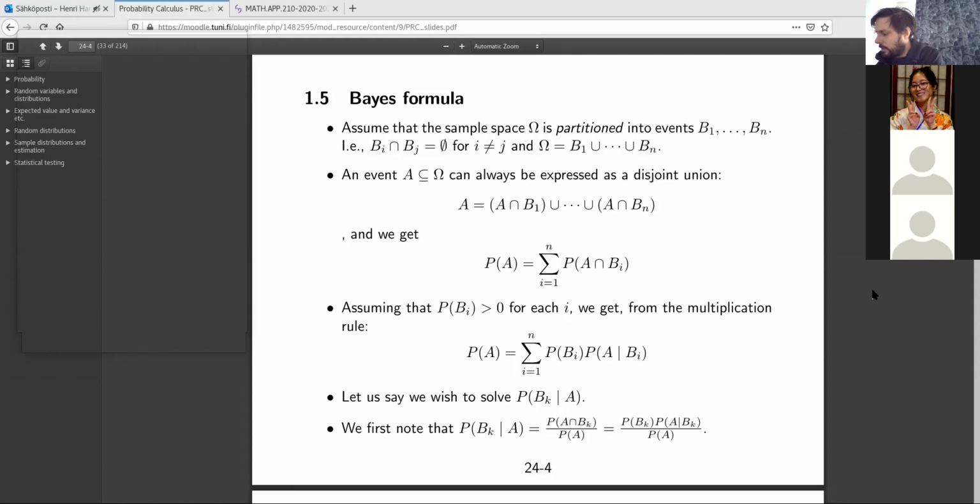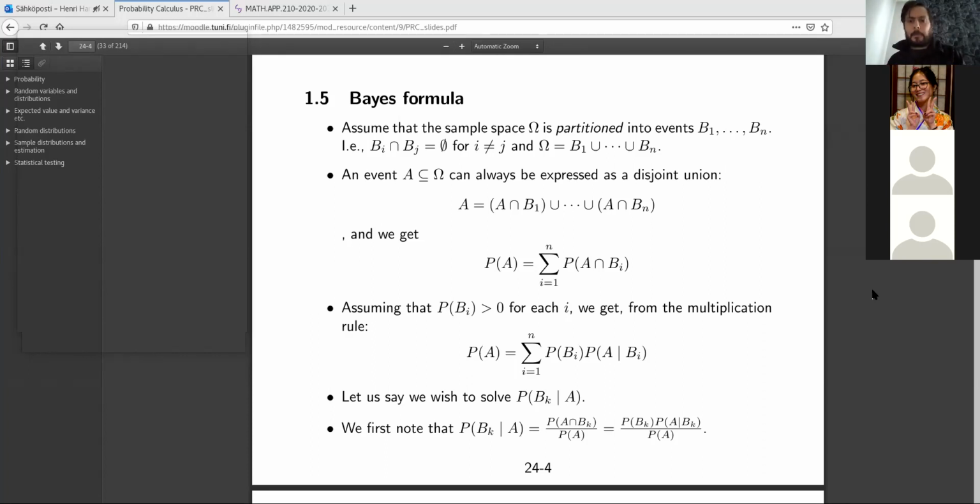And partition means that each of these samples belongs to one of these sets, B1, B2, and so on. In this case, I have 6 partitions here, right?